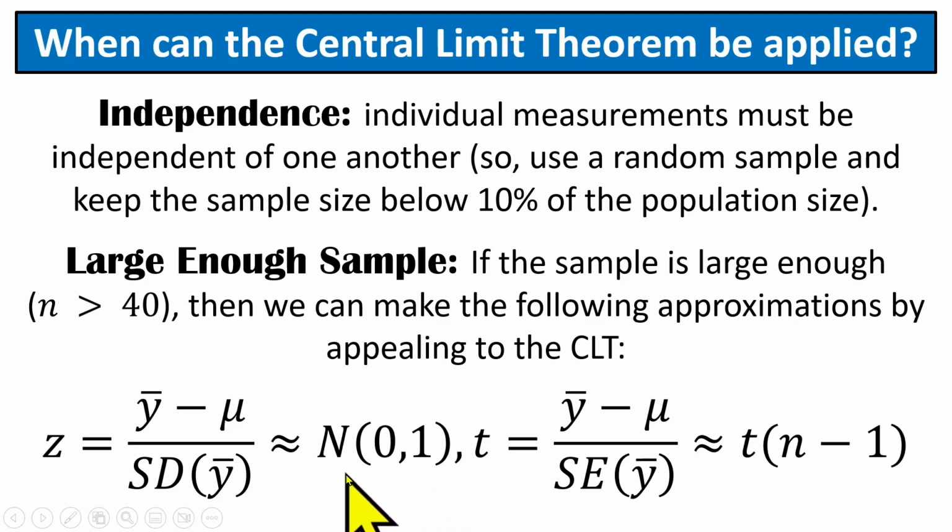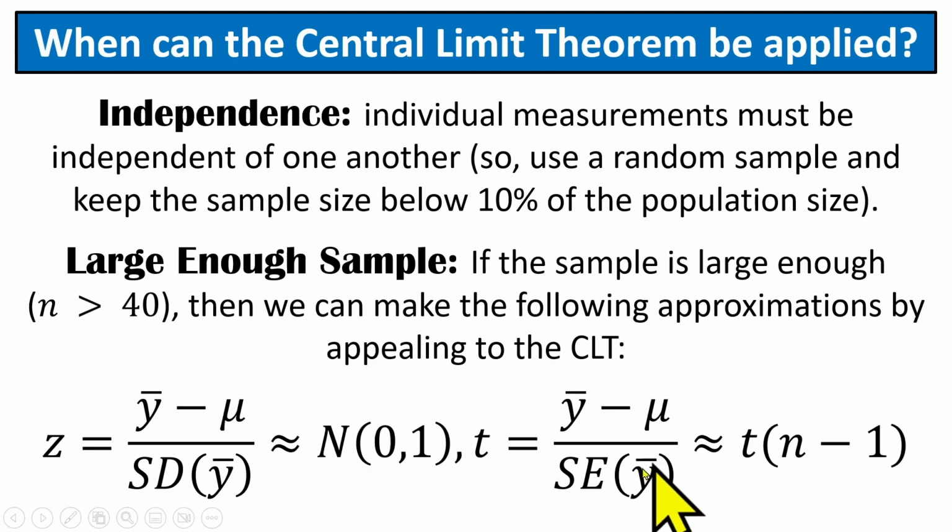It follows approximately a normal distribution with a mean of 0 and a standard deviation of 1. That's your Z table. And so what do we mean by the standard deviation of the sample mean? Well, that's when you calculate the standard deviation using a population standard deviation, using a known sigma. So that's on one side. And so this approximation holds as long as these conditions for the central limit theorem hold.